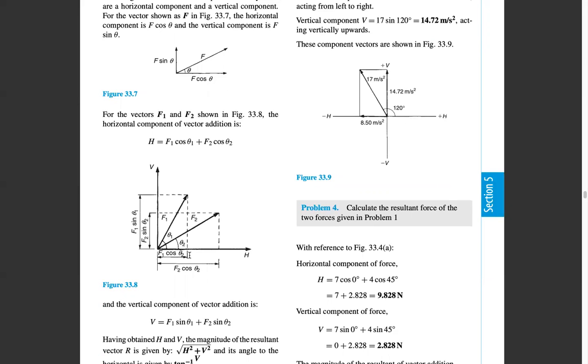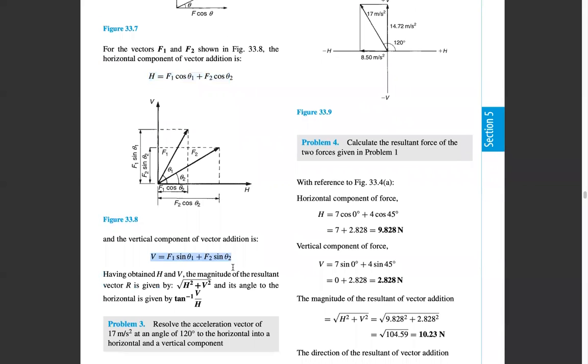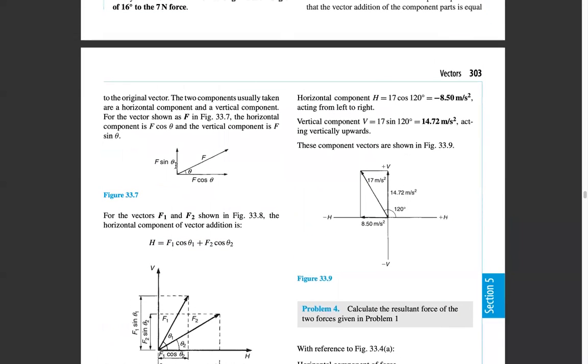Okay, so you see here, if you have F1 and F2, H is this, right? And V is this. H is the total horizontal force, which is the sum of the two horizontal components, and V is the sum of the two vertical components to give the vertical force. So you end up with one triangle like this here. H is this left to right, and V is the up and down.